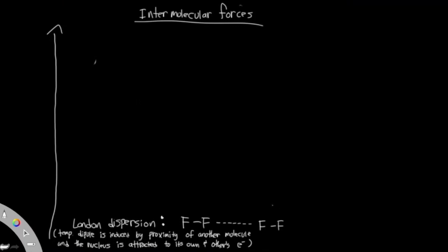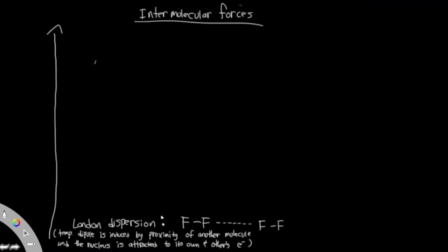What is going on? Well, these electrons are interacting with each other, from this one over to here and this one over to here. And there is an induction by the proximity of another molecule. So this is in proximity with this, and this is in proximity with this.